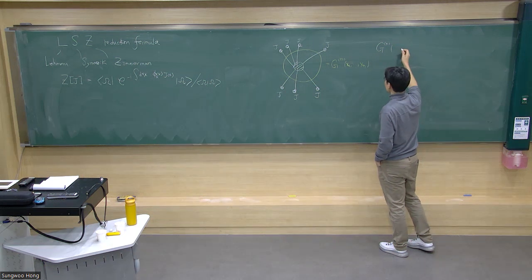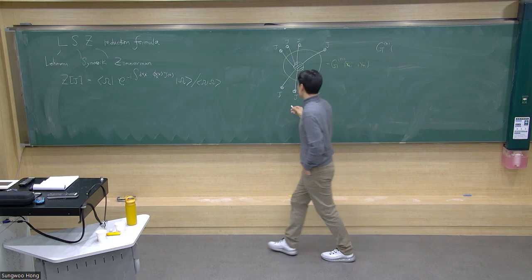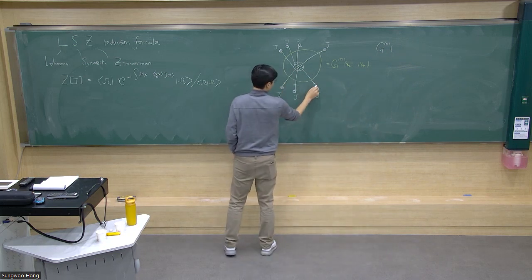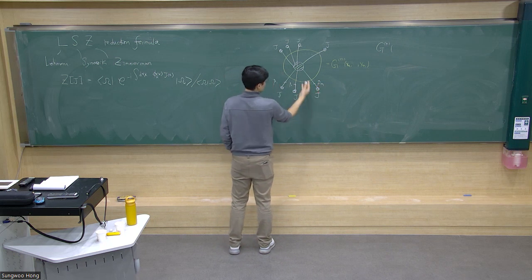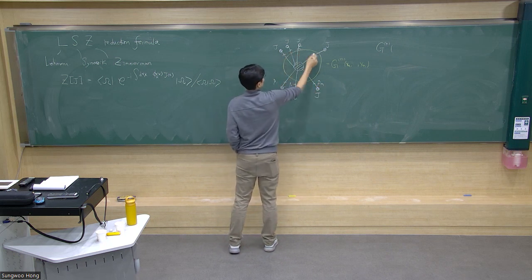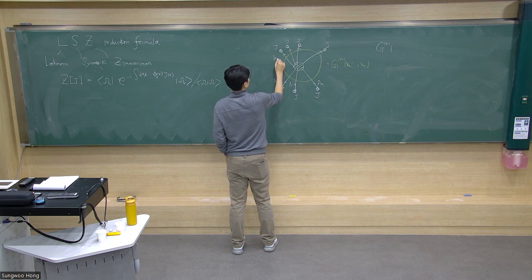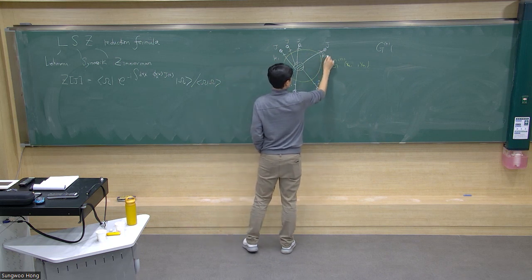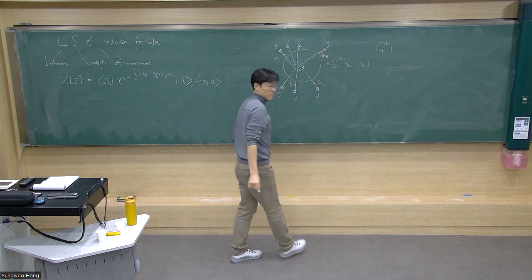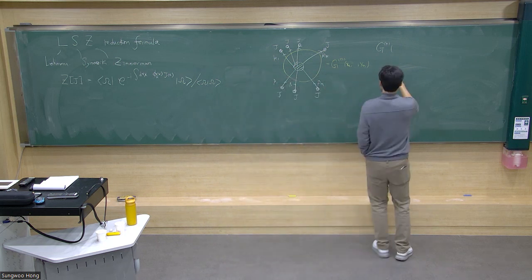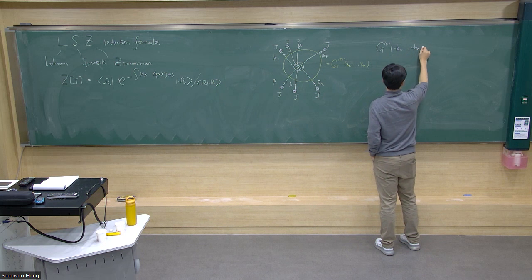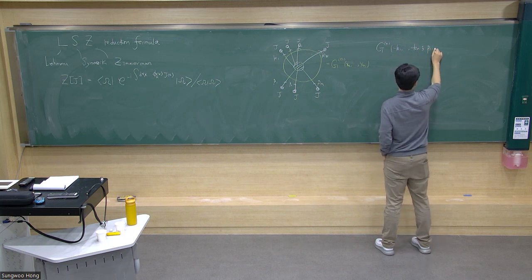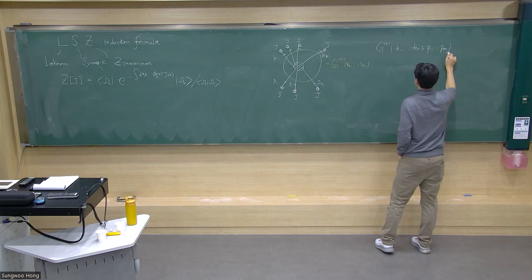So let's consider the case where I have n momenta p1, p2 to pn in the initial state, and then I have k1 all the way to kn. So let's look at the Green's function, therefore, minus k1 through minus kn, and then p1 through pn.